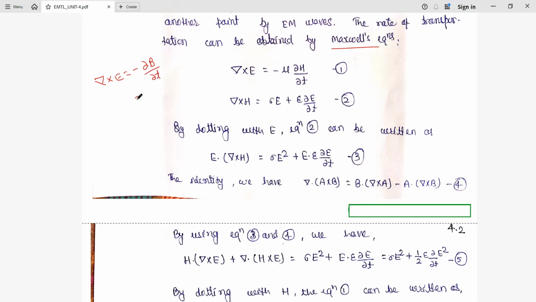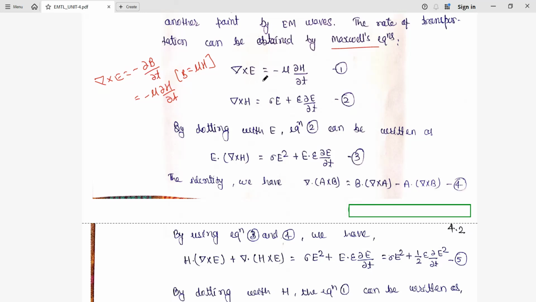Mu H. So that's why we have minus mu dou H by dou T. Here B equal to mu H. One is the epsilon and the other is the mu. One is the permittivity, one is the permeability. So epsilon is the permittivity, mu is the permeability.